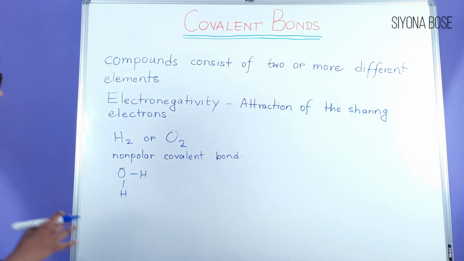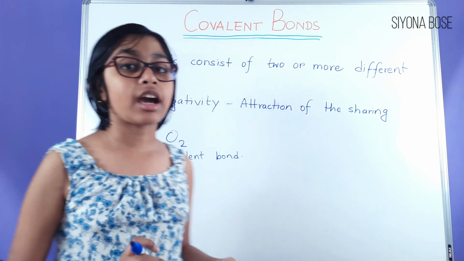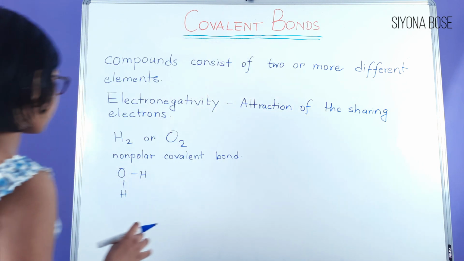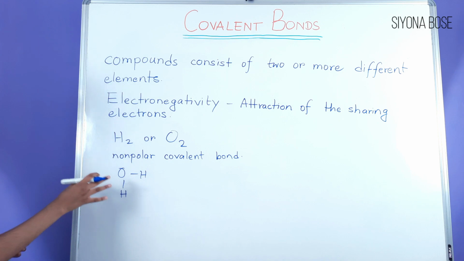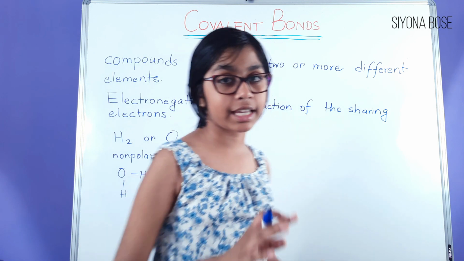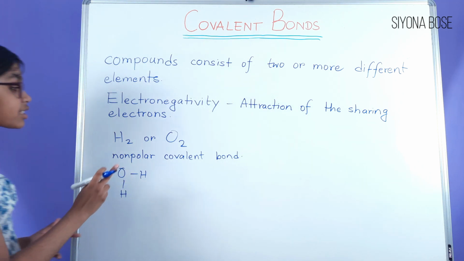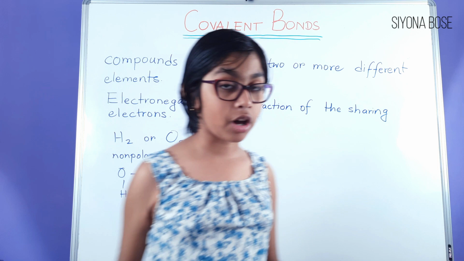Most of the time, the sharing electrons will stay near the oxygen's nucleus because of the high electronegativity of oxygen, which leads to it having a partial negative charge. These bonds are called polar covalent bonds.